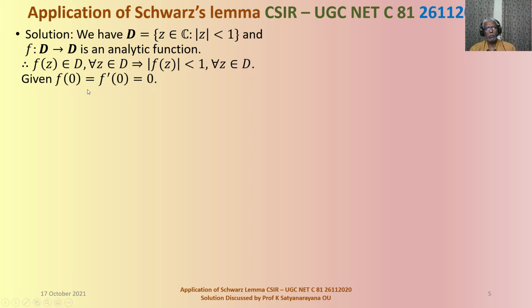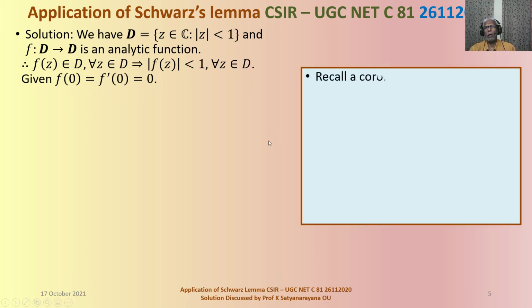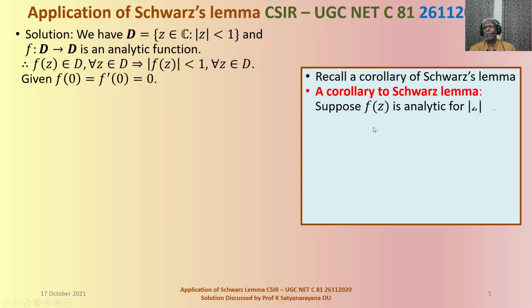Given f(0) is equal to f'(0) is equal to 0, let us now recall a corollary to Schwarz lemma. A corollary to Schwarz lemma: suppose f(z) is analytic for mod z less than R with f(0) equal to f'(0) equal to the (n minus 1)th derivative at 0 equal to 0.